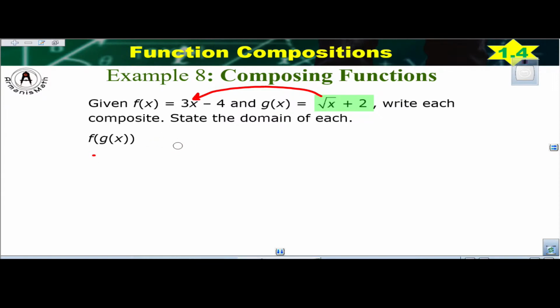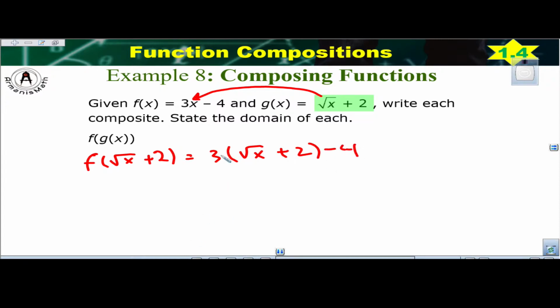Actually, let me spell it out for you. It's easier that way. So f of what? F of the blob, which is square root of x plus 2. That means I'm going to go 3 times the blob, 3 times the square root of x plus 2. Be careful when you do these, especially with the radical, not to leave out the 2.